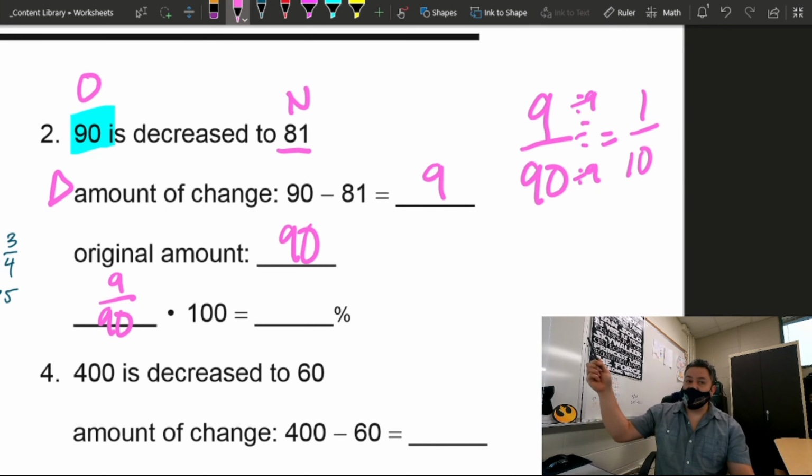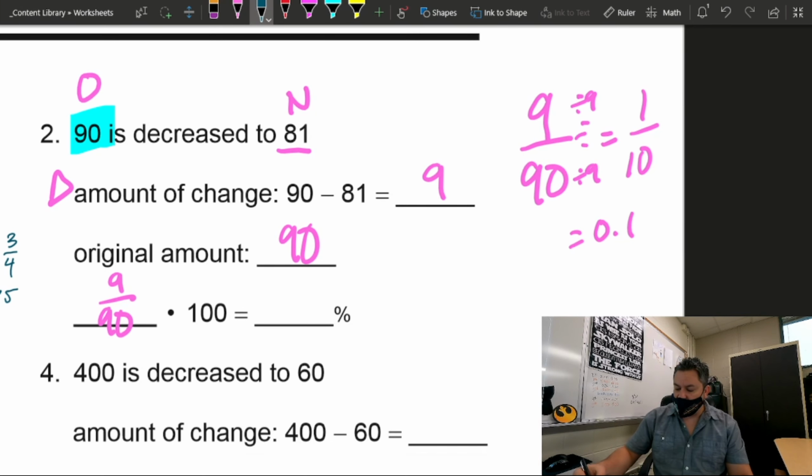Now, that's 1/10. Literally, that's how you read it, right? 1/10. How do you write 1/10 as a decimal? 0.1. From there, you just take the decimal and move it 1, 2. What do you do to the empty spots? 0. So this is 10%. That's it. It's that easy. It's that simple.